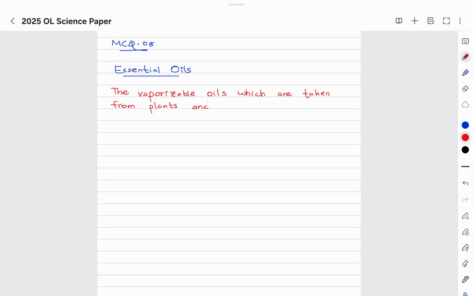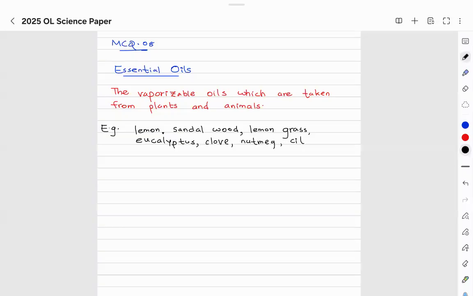Okay. What are the examples? We can consider lemon, sandalwood, lemongrass, eucalyptus, clove, nutmeg, citronella, and cinnamon.